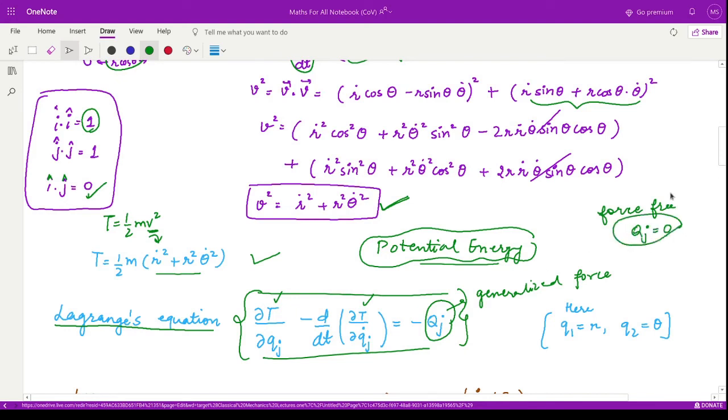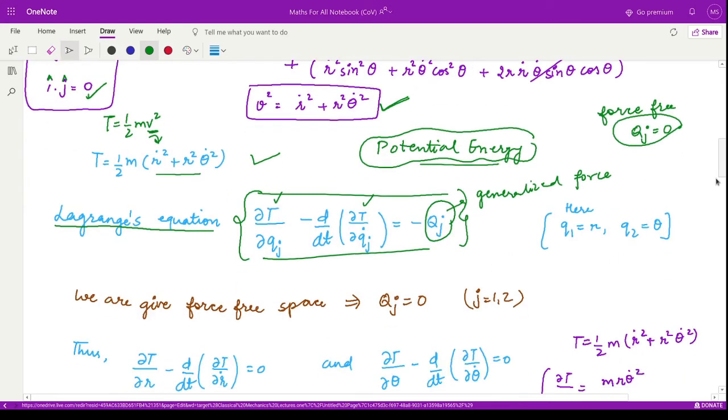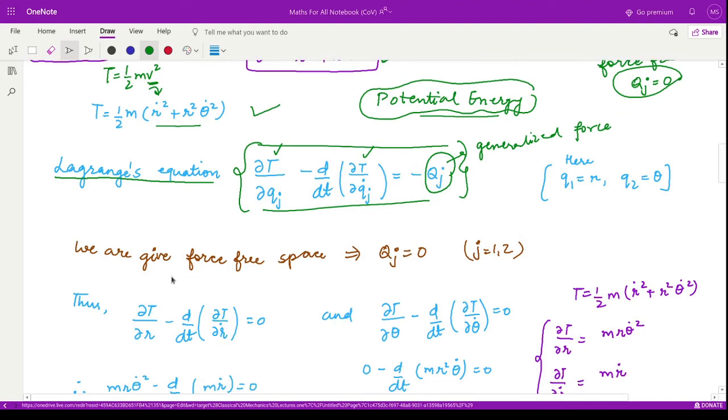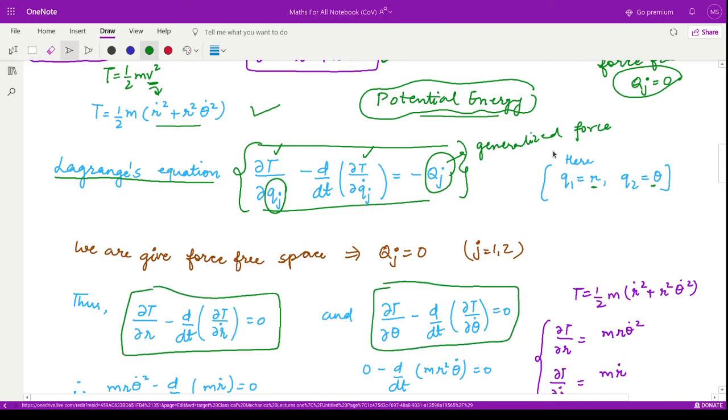So this right hand side would be equal to 0. Because our generalized coordinates are r and theta, we have two corresponding Lagrange equations. One is this and another is this, and the right hand side is equal to 0 because it is given to be a force free space.